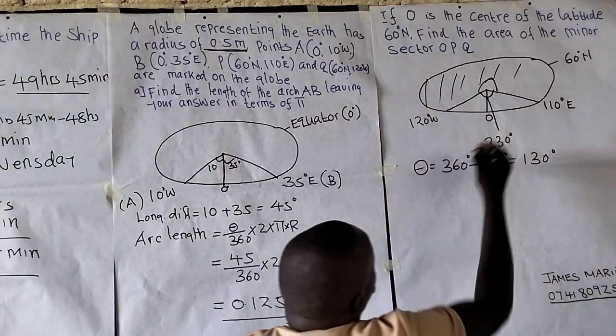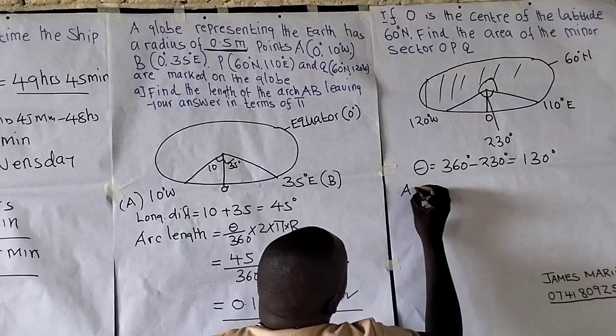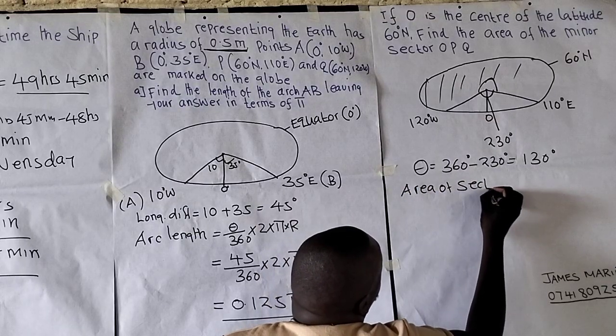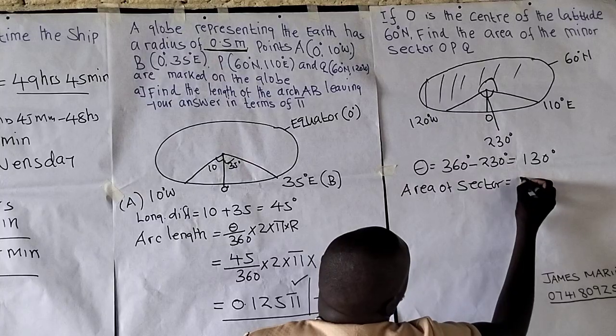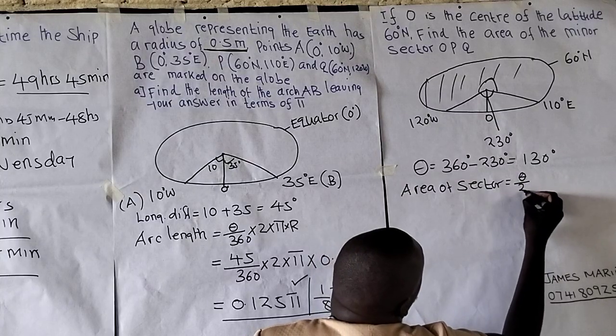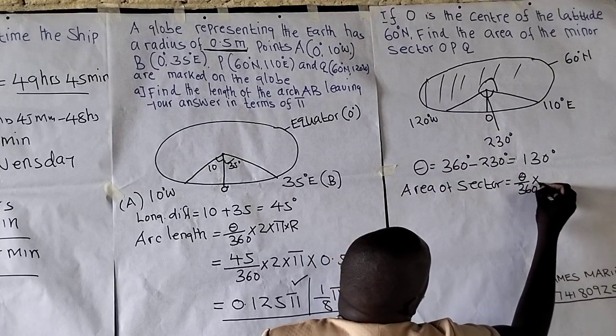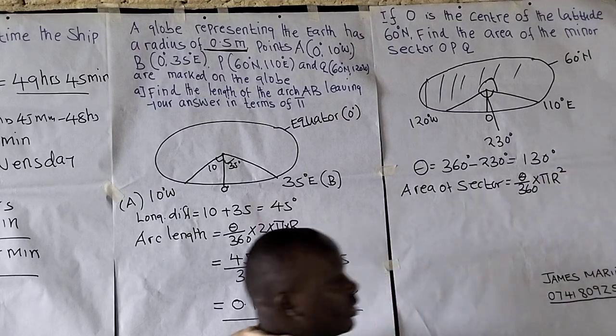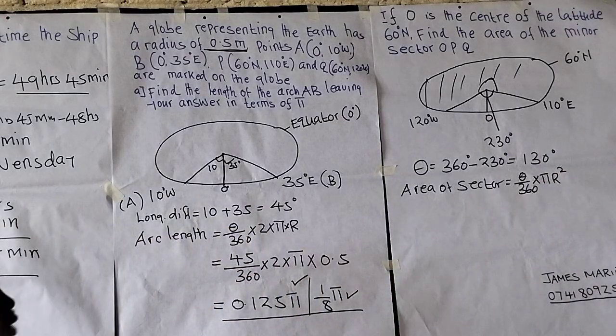So how do you get the area of our sector? Area of the sector equals theta over 360 times pi times the radius squared. Do we have that radius?